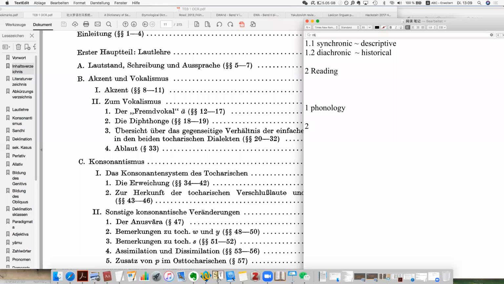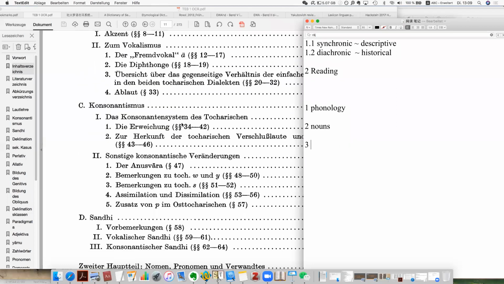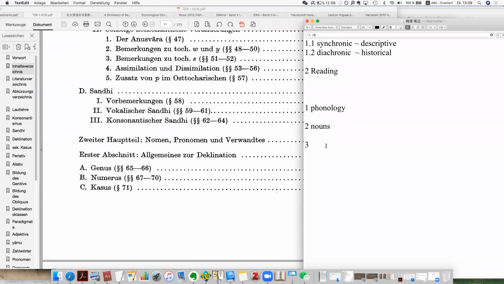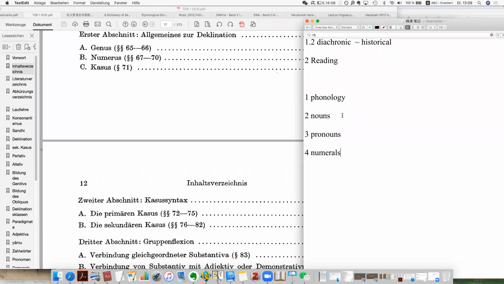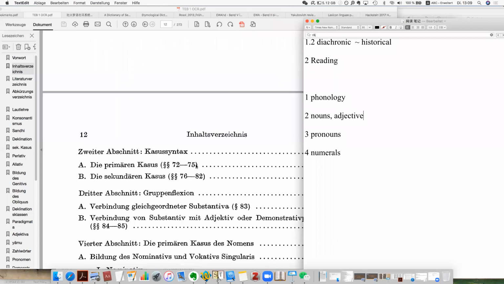Under morphology there are several categories: first phonology, then the nouns, and then pronouns, and also numerals. Nouns and adjectives are usually together.